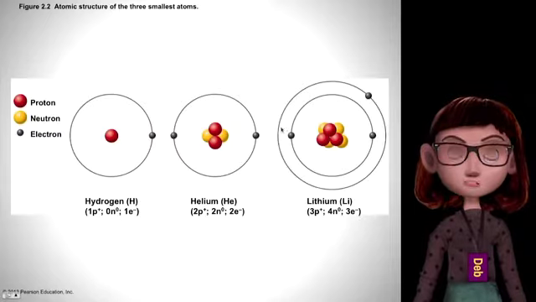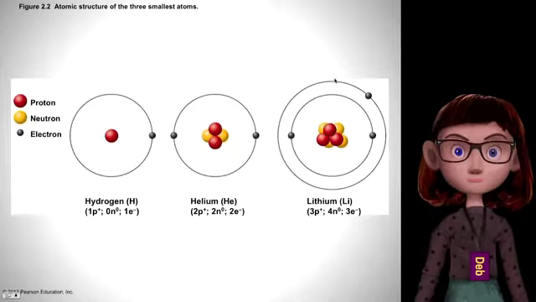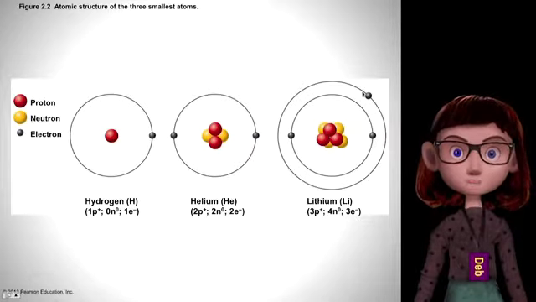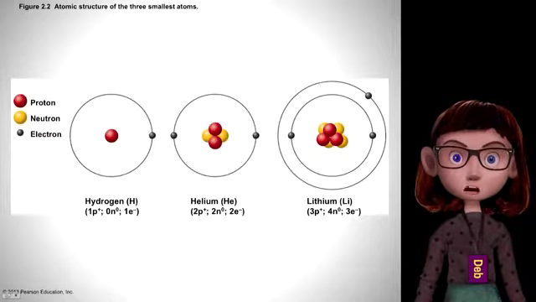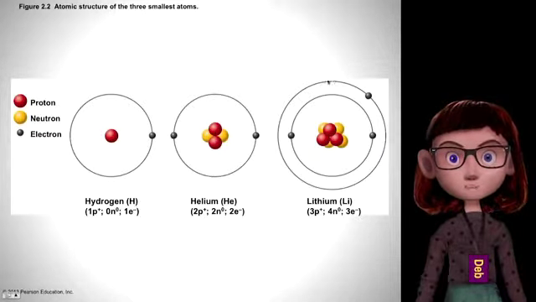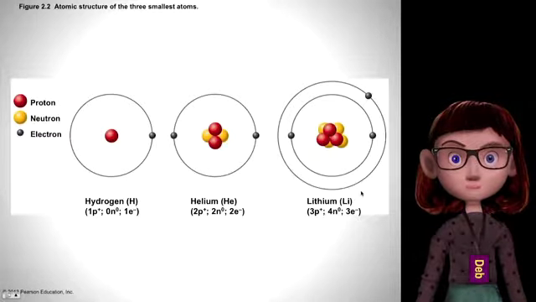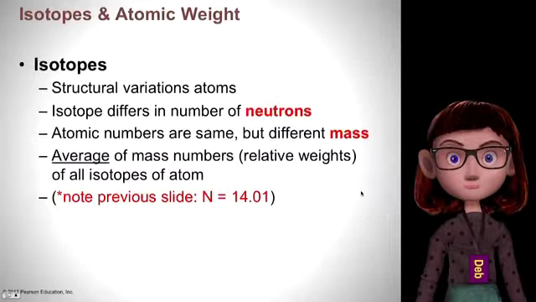You may notice that the second circle is added. This represents the second shell out, and you'll find pretty soon in the PowerPoint we'll be talking about the octet rule. From here on out, each shell can contain up to 8 electrons.